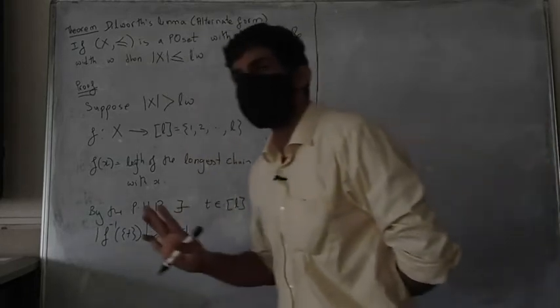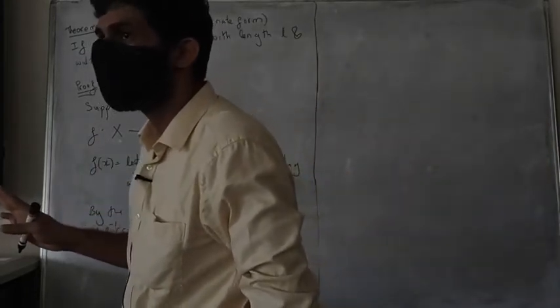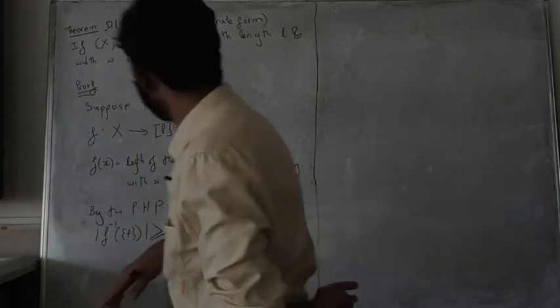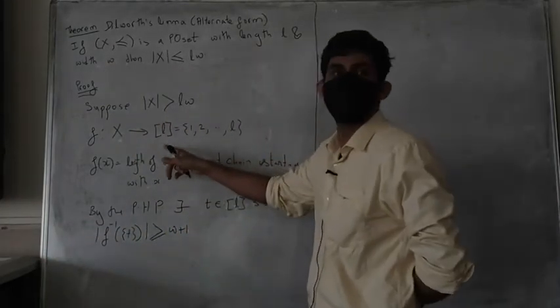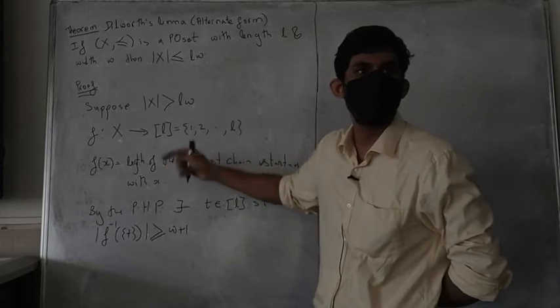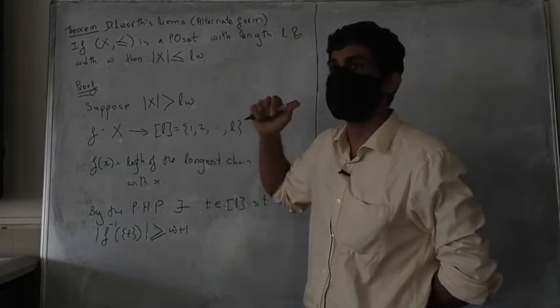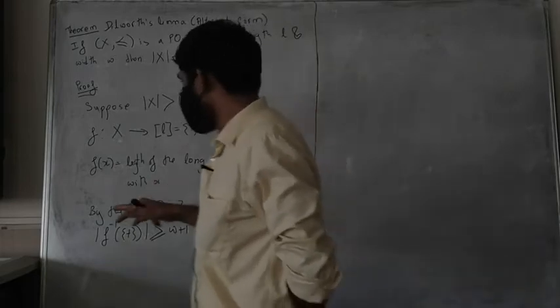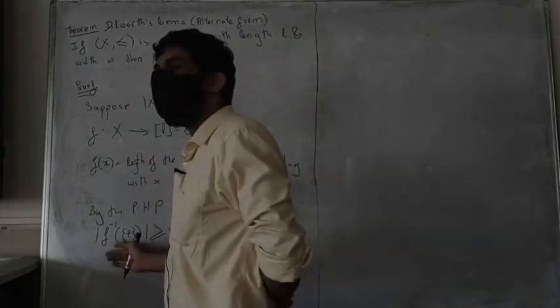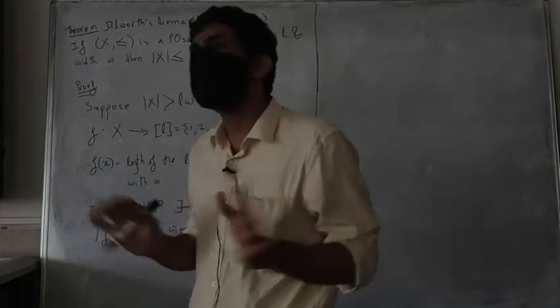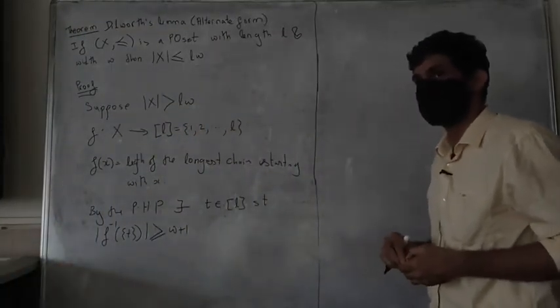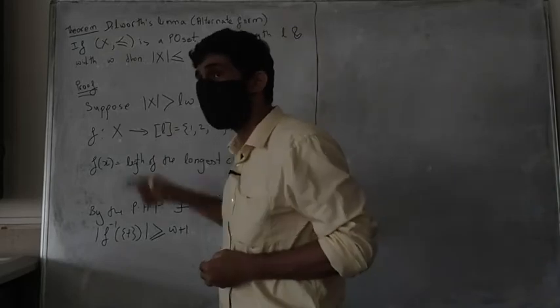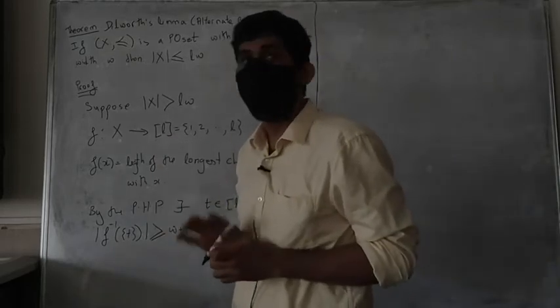Now the interesting fact, just like last time, is that this is the same function which we defined in the previous form of the theorem. What you can see is the pullback of any number is always going to be an anti-chain.